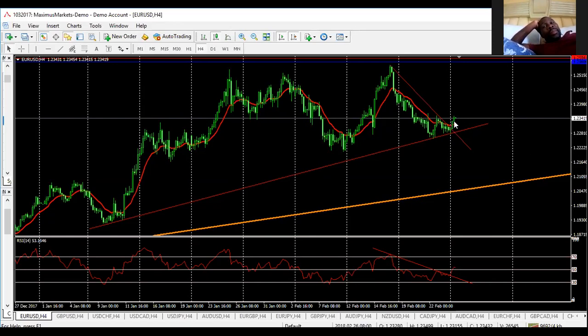Probably from here, it went up to this point, and it's still going to continue. If this point is broken, there's nothing going to hold Euro USD again till it gets to the next resistance. So if Euro USD could move above this place, we will be looking at taking Euro USD at this point.